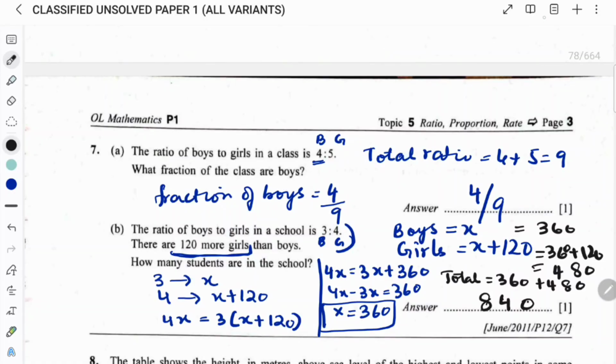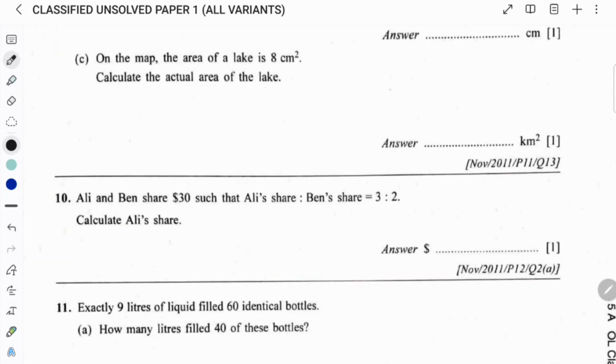All right, now question 10. Ali and Ben share $30, such that Ali's share to Ben's share is 3:2. Calculate Ali's share. So the total ratio is 5, and they are sharing 30 in the ratio 3:2, which is Ali and Ben.